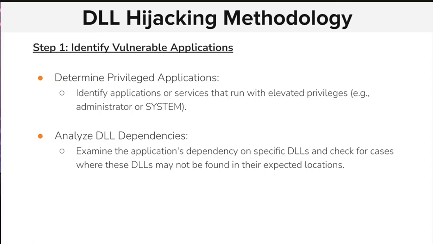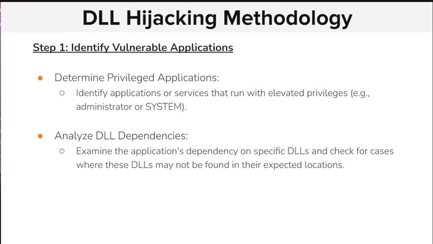So we take an application or a program that's on the system, and we analyze its DLL dependencies to see what DLLs it actually calls, and then identify using the search order whether the DLLs exist. If, for example, it's a program-specific DLL, not a Windows DLL, does it exist within the program's installation directory?